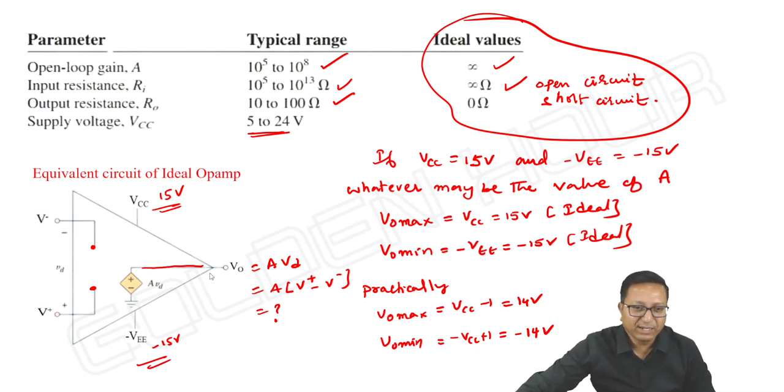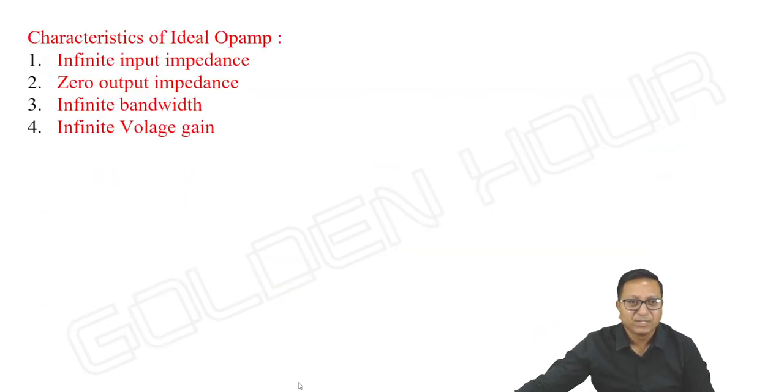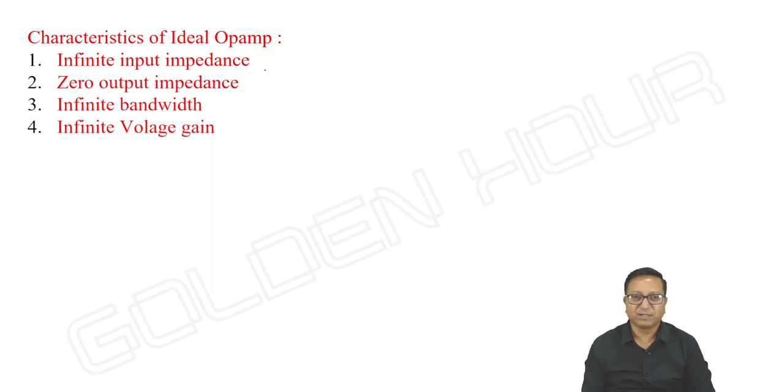And the ideal op-amp equivalent circuit is like this. So what is the advantage of these ideal characteristics of the ideal op-amp? Let me take the significance of each value. The characteristics of an ideal op-amp: infinite input impedance, that is Ri is infinite, and zero output resistance, Ro is equal to 0.